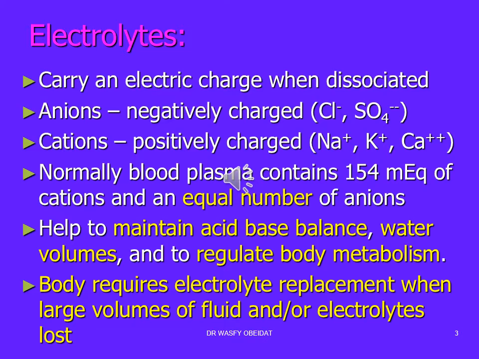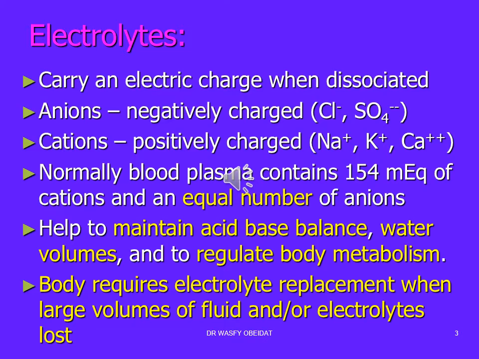We have learned from the previous chapter that electrolytes carry an electric charge when dissociated. So we have anions that carry a negative charge, such as chloride and sulfate ions. And also we have cations which carry a positive charge, such as sodium, potassium, and calcium.